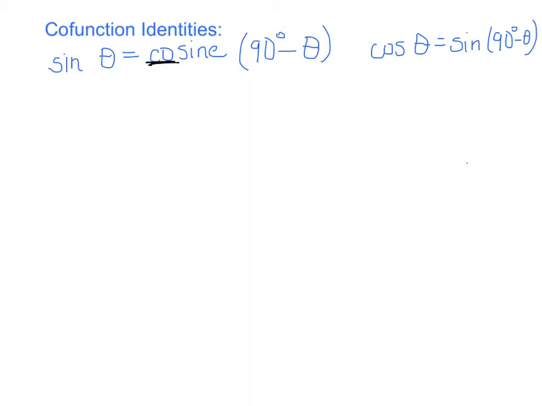And you can use the same with radians. If they give it to you in radians, then instead of using 90 degrees, you'll use the radian measure, which is pi over 2, minus whatever theta was. And the same thing if they gave you cosine in radians.